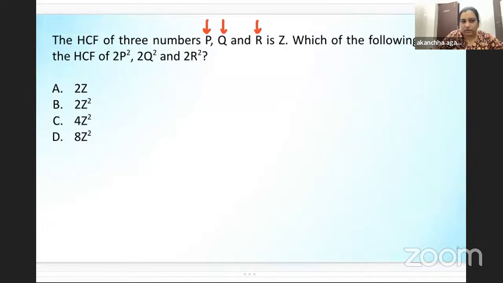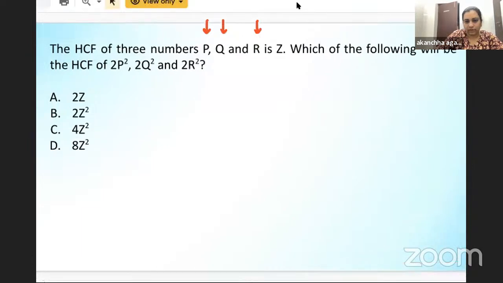You may focus on the question more for the next 30 seconds. Okay, I'm getting one more answer as 4z square.